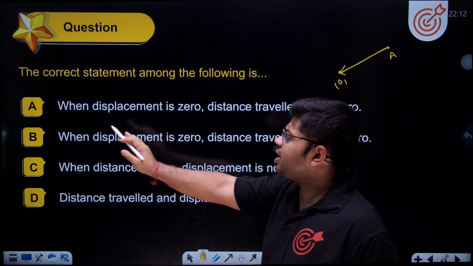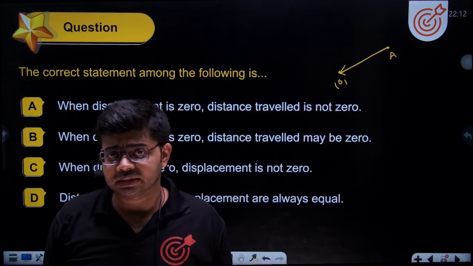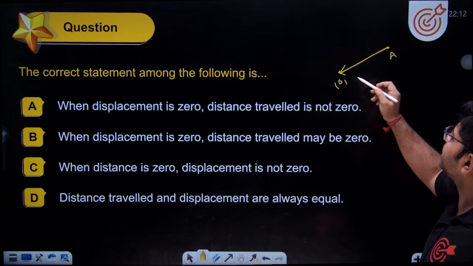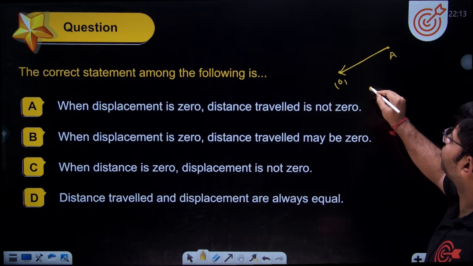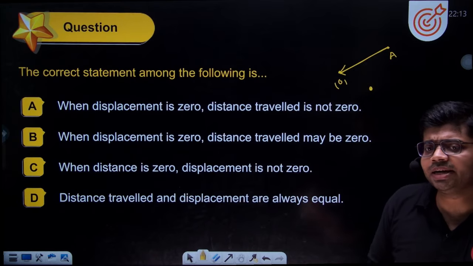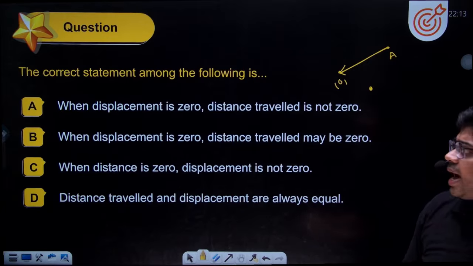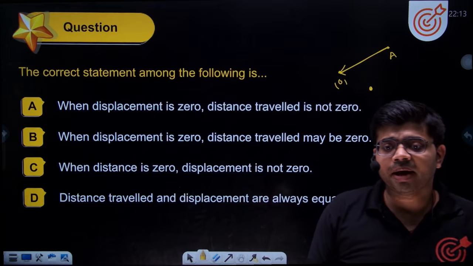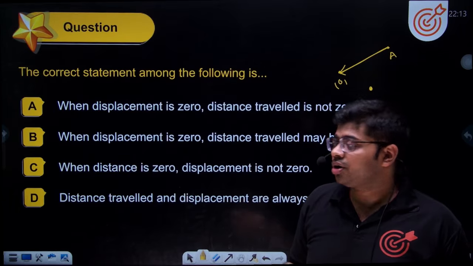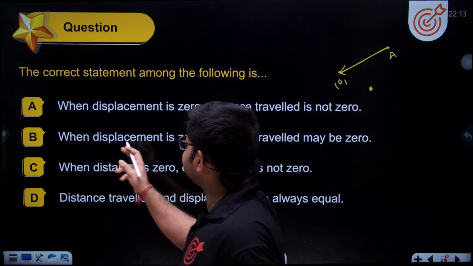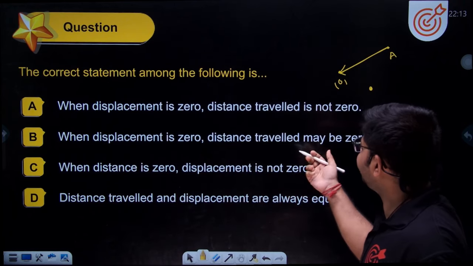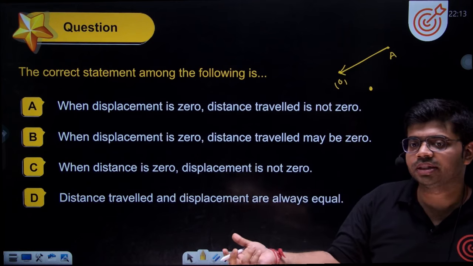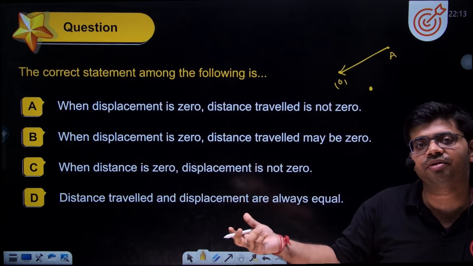So apparently option A may seem to be correct, but there can be another case where the point has not moved at all. Then my displacement is also 0 and the distance travelled is also 0. So going by that, we should go for option B, because when displacement is 0, distance travelled may be 0. If the particle has not moved, then displacement and distance travelled are both 0.